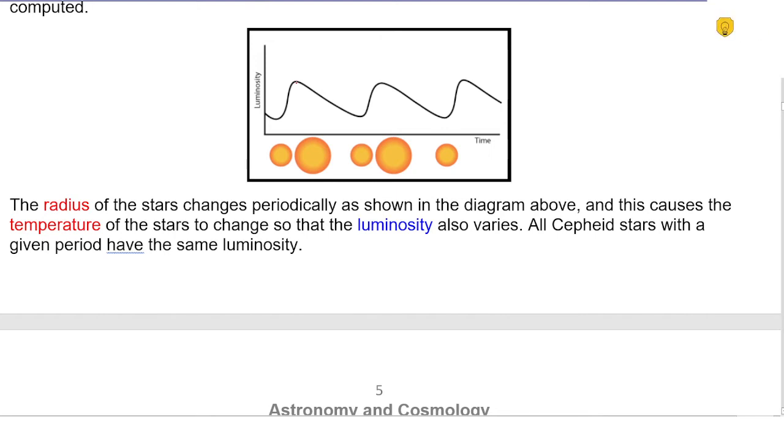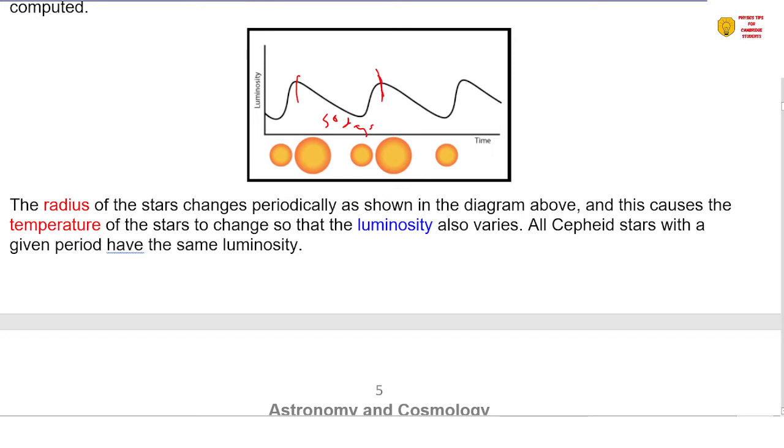So they measure the luminosity at this stage here. Say the period of this star is about 50 days. So the luminosity will be brightest with the star there, and then after all those days it will be bright again.